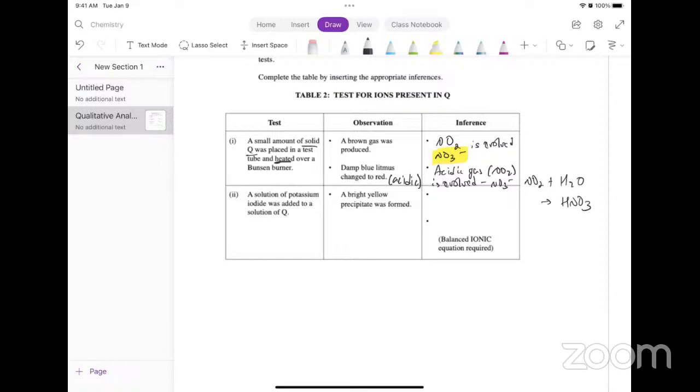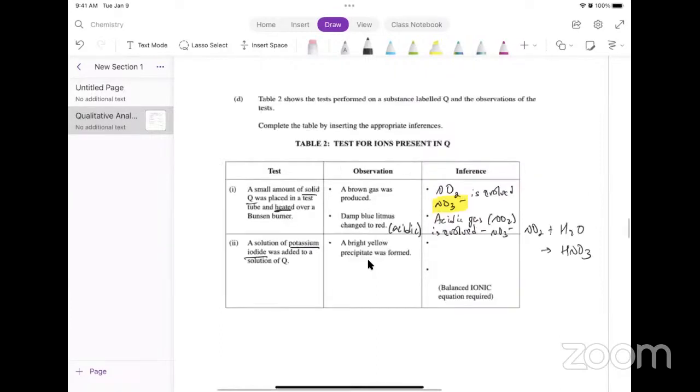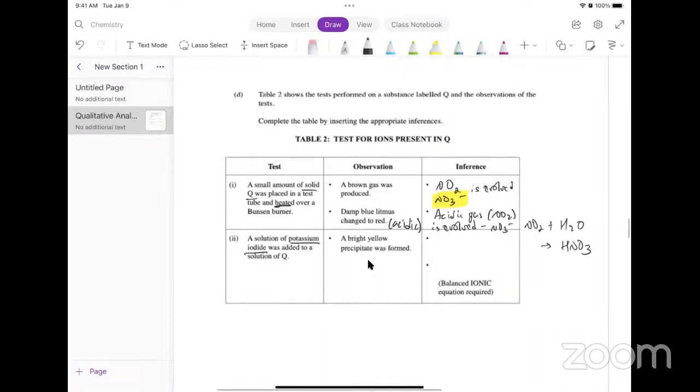A bright yellow precipitate was formed. So again, potassium iodide. Now we're not sure in what context we're talking about, because we could be referring to a cation here, which most likely means that, because I doubt we'll have another anion involved in this species. But a bright yellow precipitate is formed, all right?